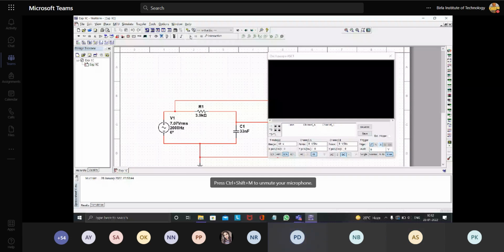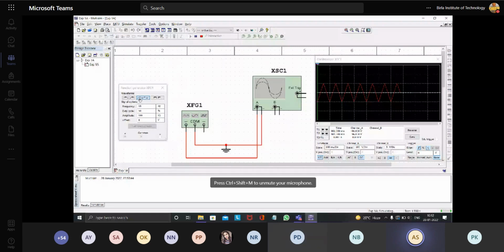When I am changing the volts per division and time per division scale, the graph also changes accordingly. And for the second experiment, this is the Lissajous pattern. It is not changing. Your screen is not changing, Abhishek.